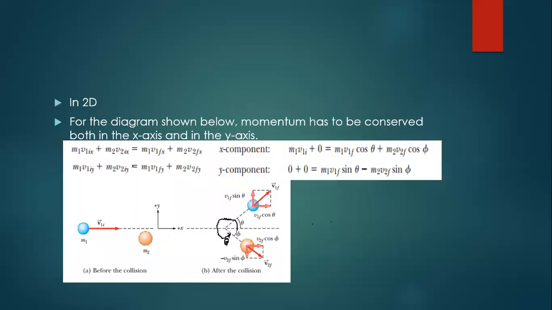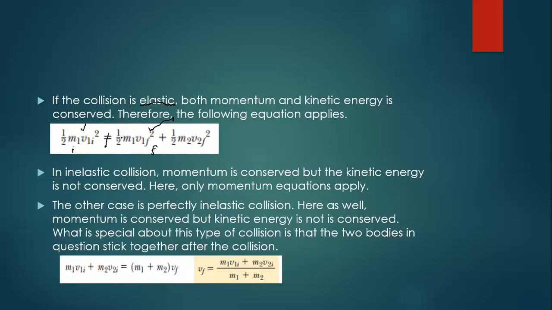But momentum is conserved just like the way we described it. Even in inelastic collision, momentum in the x-axis has to be conserved and momentum in the y-axis has to be conserved. Only kinetic energy will not be conserved in inelastic collision, but the equations are the same. But when you calculate your kinetic energy and discover that what you have in the initial is not equal to what you have in the final, then you know that it is inelastic collision.